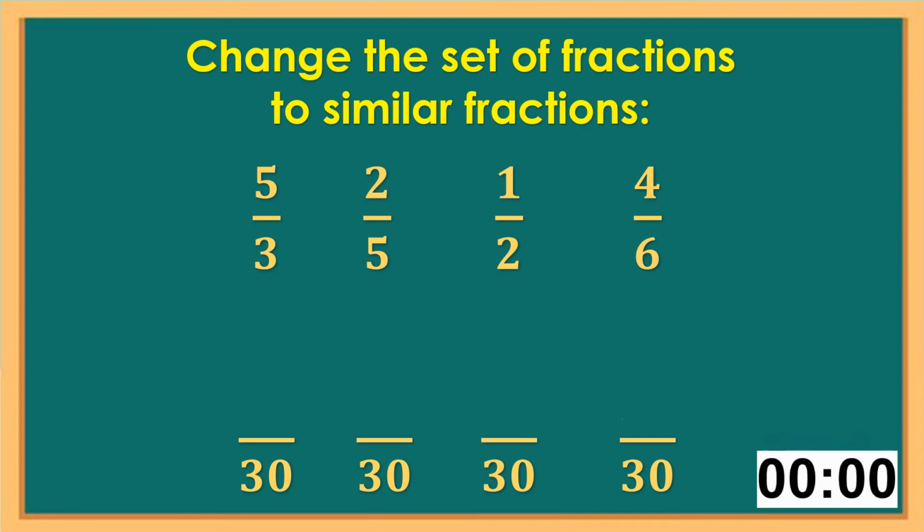5/3 becomes 50/30ths. Why? Because from the LCD 30, 30 divided by 3 is 10 times 5 is 50. So we have 50/30ths. For 2/5, we have 12/30ths following the same process.